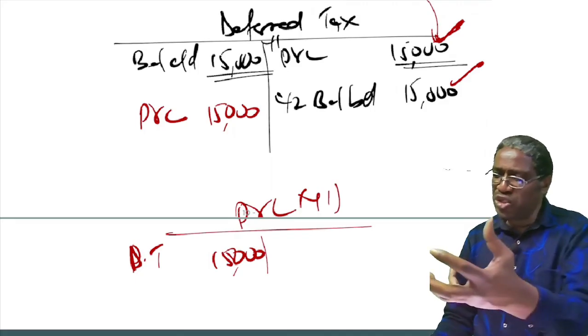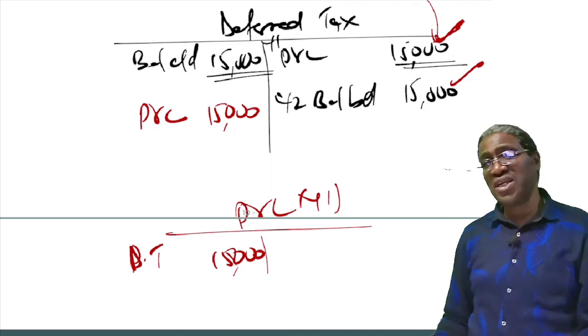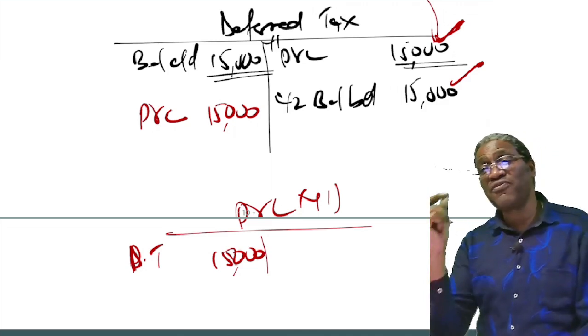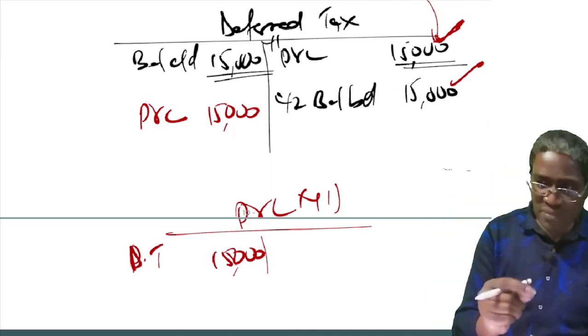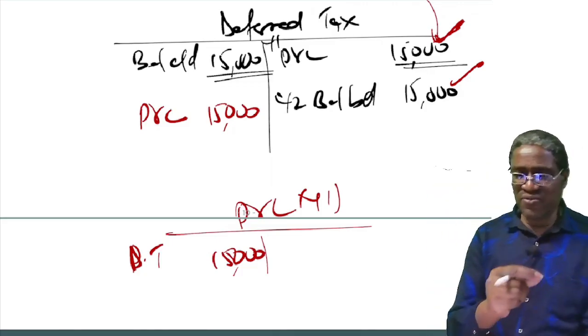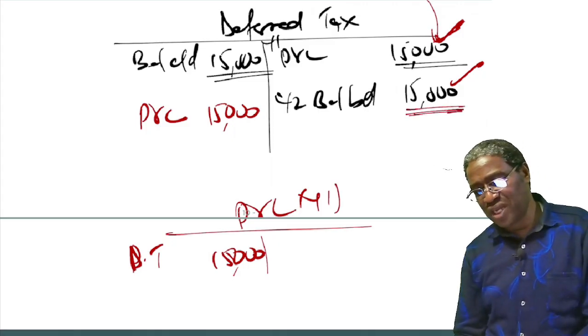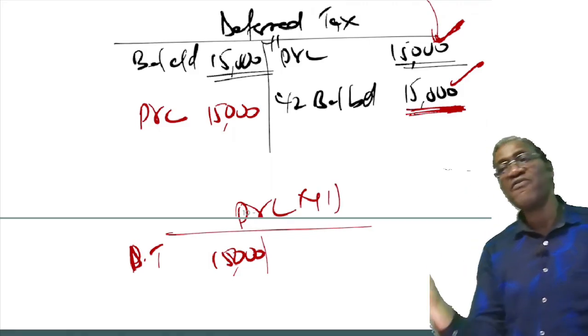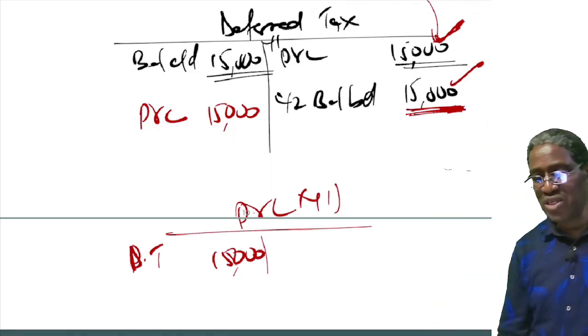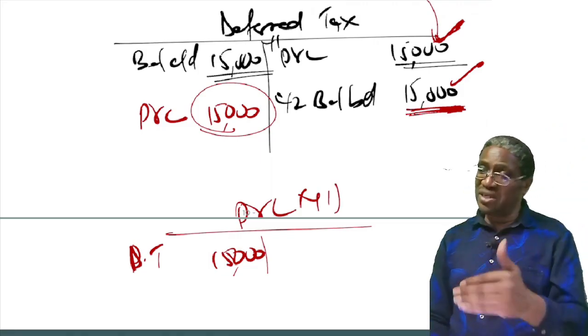I am now going to recall it from where I deferred. So in the second year, you transfer 15 from the deferred tax. How do you transfer it? I have told you deferred tax is a liability. A liability is always a credit balance. So to transfer from, you debit deferred tax, which automatically means you will credit P&L in the second year.